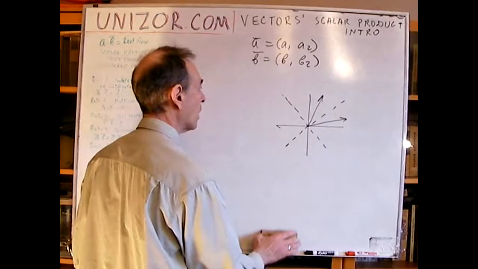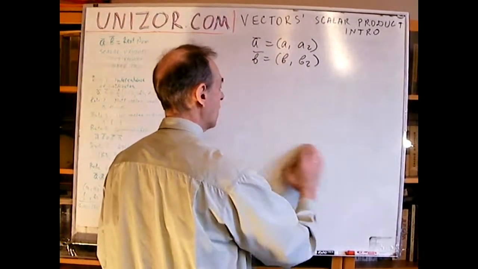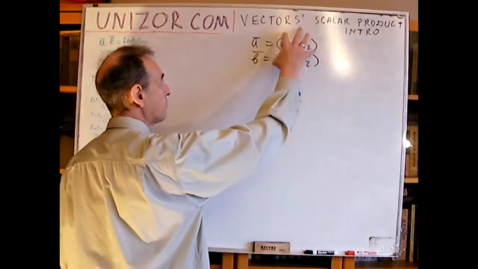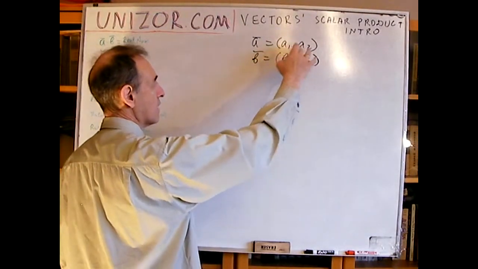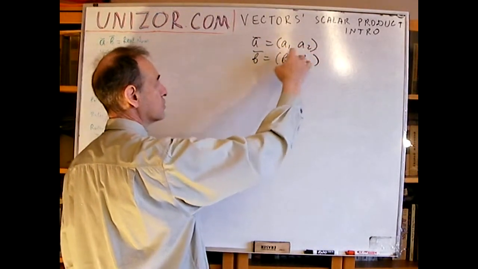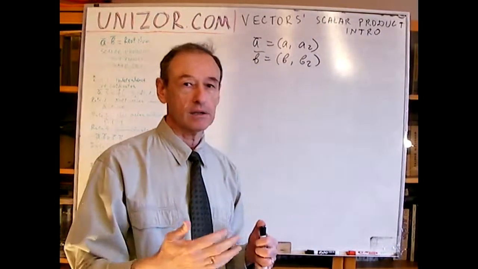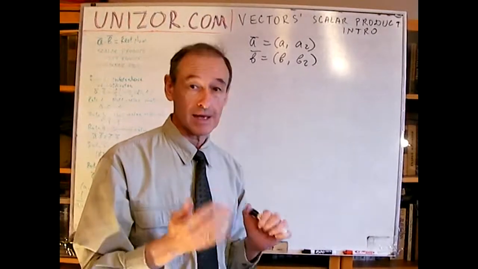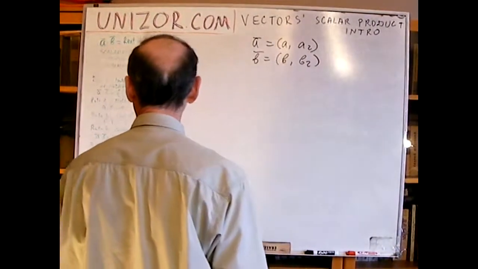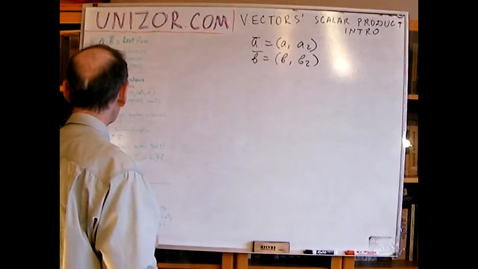So that's number one, the property of independence of the coordinate system. So the function which operates with these A1, A2, B1 and B2 should not really change the result if we change coordinates in a nice way. Rule number one. Okay, now number two.